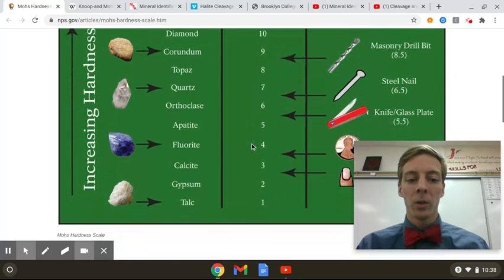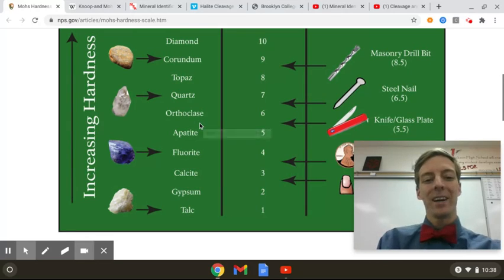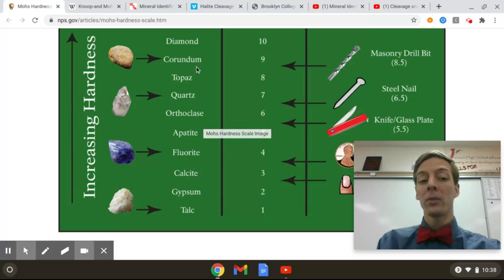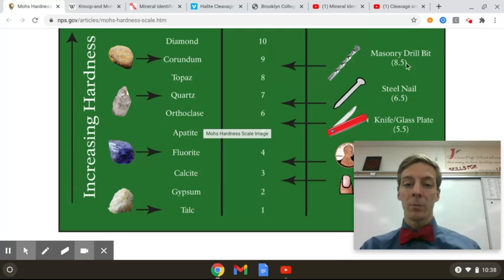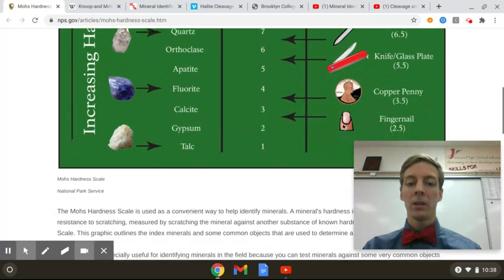Talc, gypsum, calcite, fluorite, apatite. Orthoclase, quartz, topaz, corundum. Remember, that was the ruby and the sapphire, and then diamond. These are in between. All right, steel nail, knife, copper penny, fingernail.